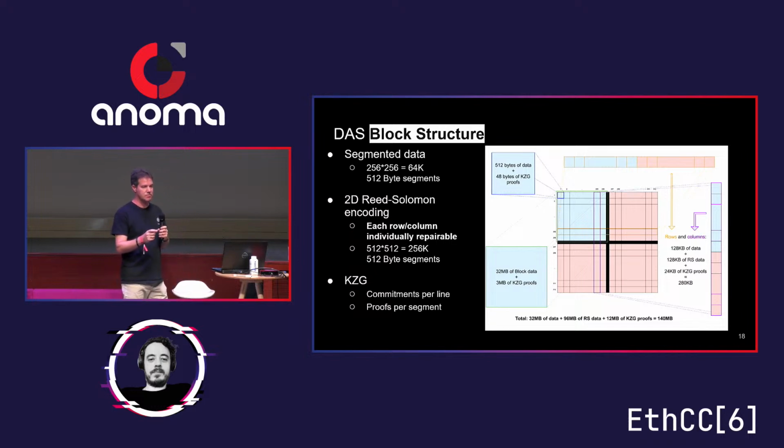Each segment is 500 bytes. And then you are extending this structure to 512 times 512, so you have lots of segments. And then there are KZG commitments behind this, which is actually quite computationally intensive to calculate. Overall, you started from 32 megabytes, and you are arriving at 140 megabytes each 12 seconds to distribute, but not distribute fully.